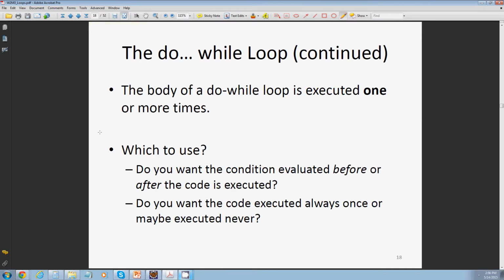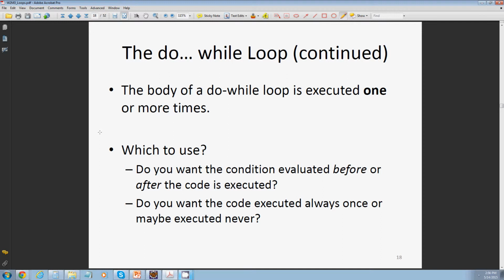Now, which one should you use, a while or a do-while? Well, the reasons for using the do-while loop are the same as the reasons for using the while loop. You want to use it in situations where you don't know in advance how many times something is going to execute, or in situations where you are getting input from a user and that input is going to determine the condition.